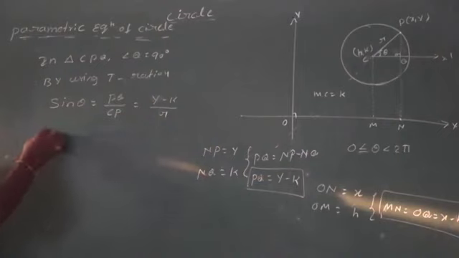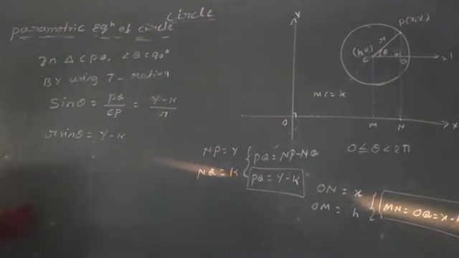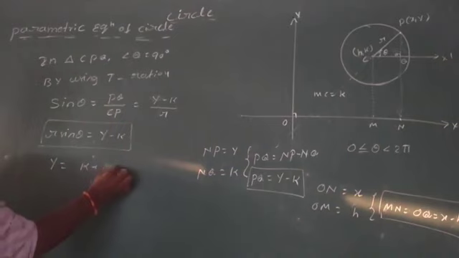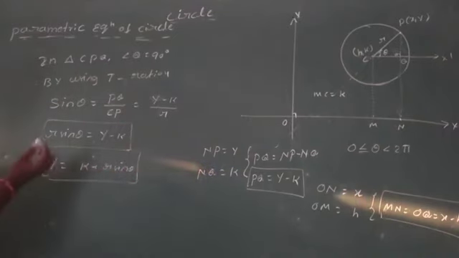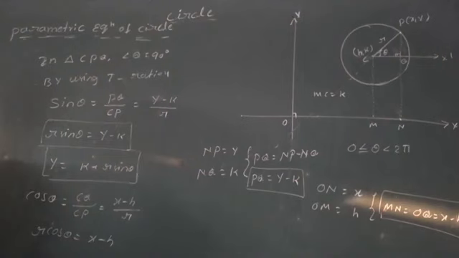So r sin theta is equal to y minus k, and from this, y is equal to k plus r sin theta. In a similar way, cos theta is adjacent by hypotenuse: CQ by CP, that is x minus h by r. From this, r cos theta is equal to x minus h, so x is equal to h plus r cos theta.